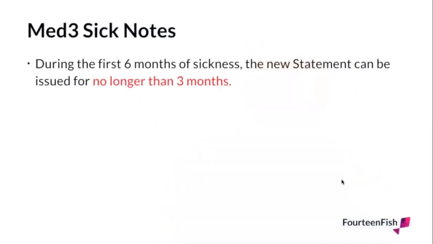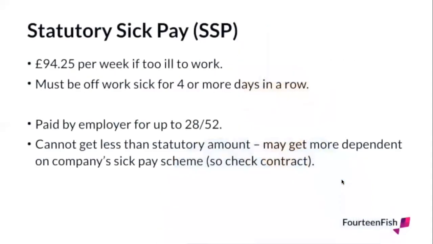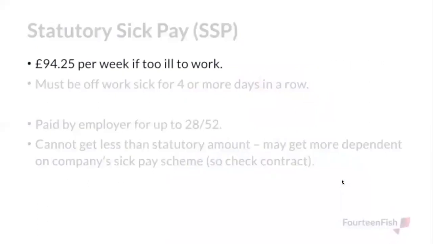It's worth mentioning here that during the first 6 months of sickness, the new statement can only be issued for no longer than 3 months. This provides a nice segue into statutory sick pay, otherwise known as SSP. Statutory sick pay is a weekly payment in the amount of about £94.25 for patients who are too ill to work.